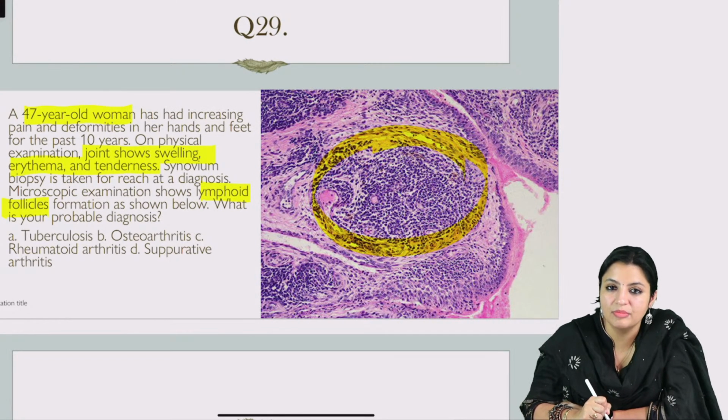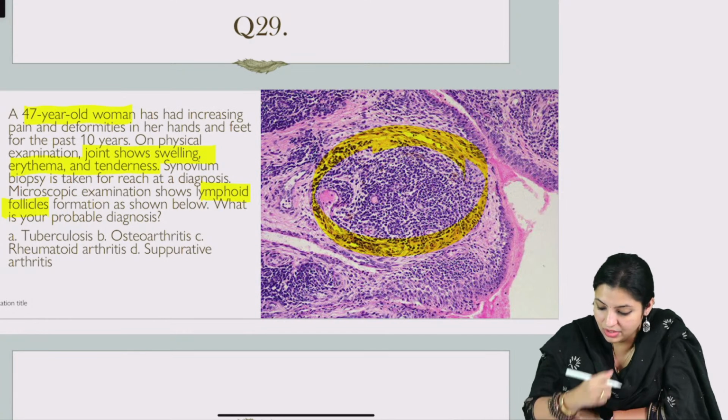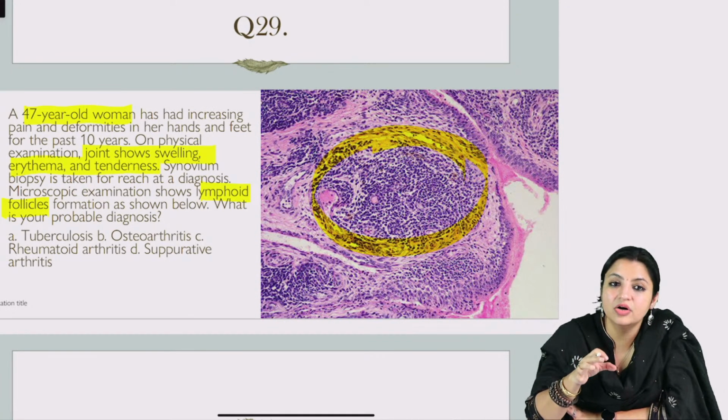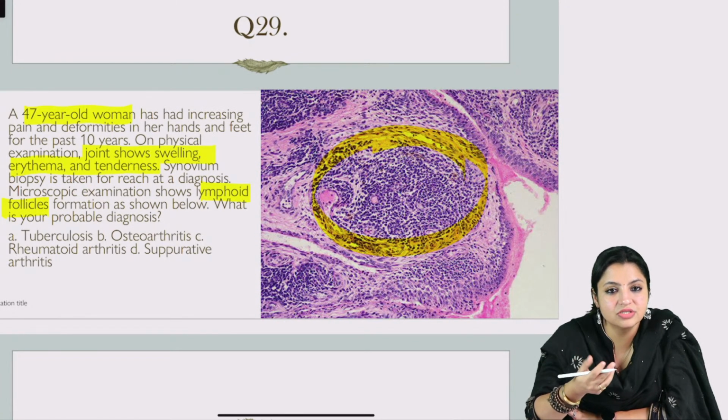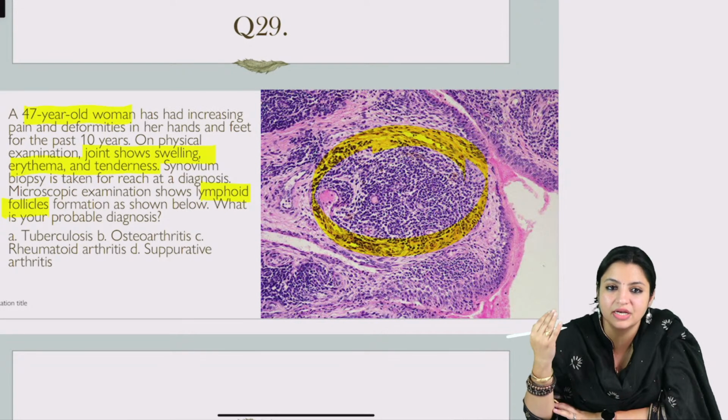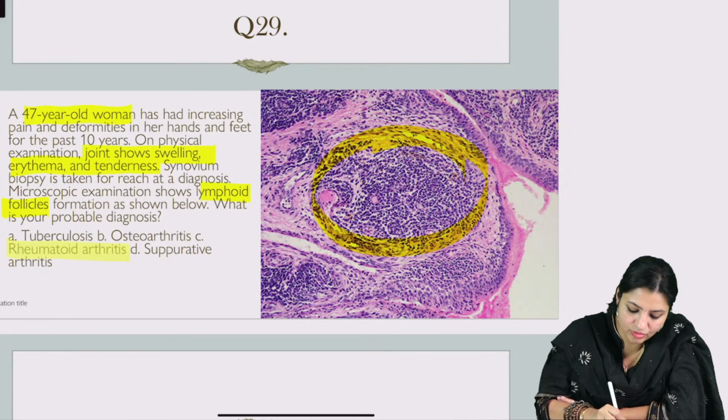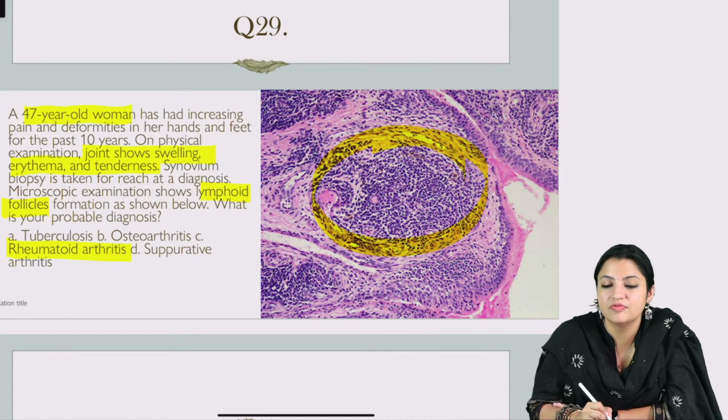So everybody should remember lymphoid follicles in the joint whenever you are seeing, okay, along with the classical history of joint deformities and long standing disease, this is very typical for rheumatoid arthritis. Remember, the main culprit in rheumatoid arthritis is CD4 cells.